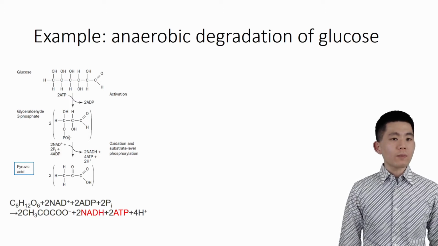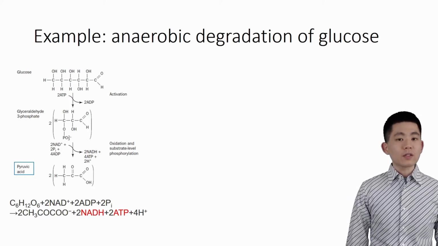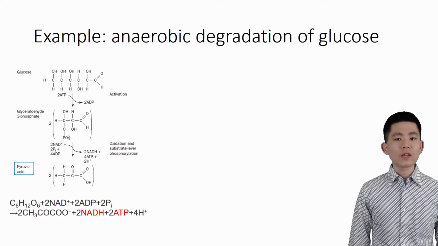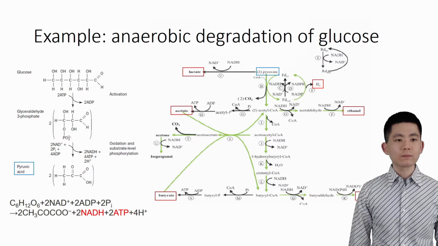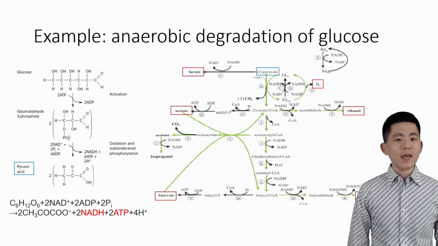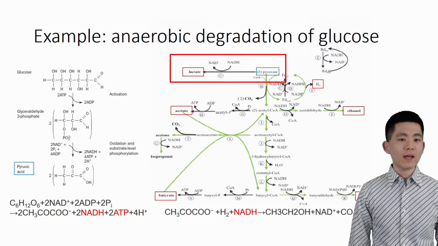Under anaerobic conditions, the degradation pathway changes. Instead of being converted to acetyl-CoA, it stops at pyruvic acid and can go through several different options afterwards. The pyruvate can be converted to lactate, acetate, butyrate, and butanol, all of which can participate in the following reactions such as cell synthesis and methanogenesis.